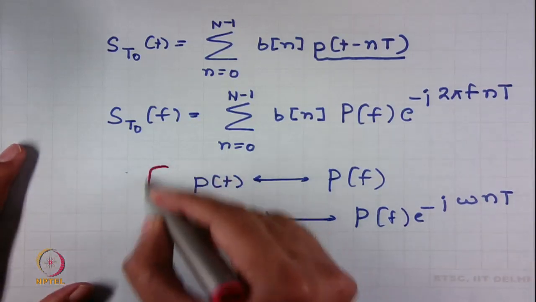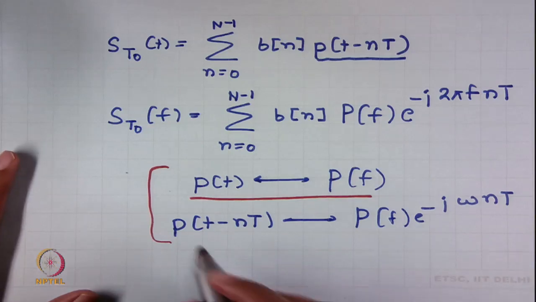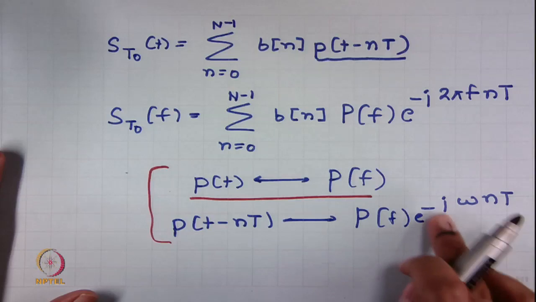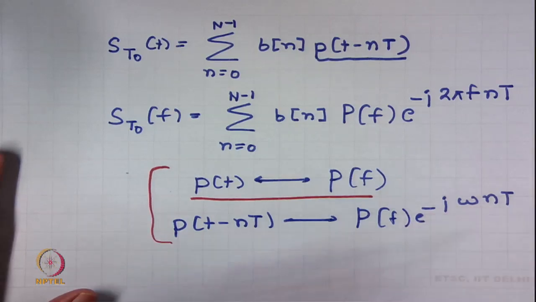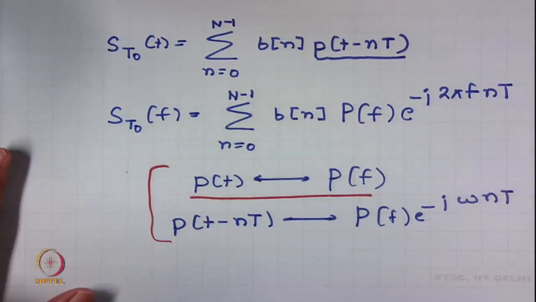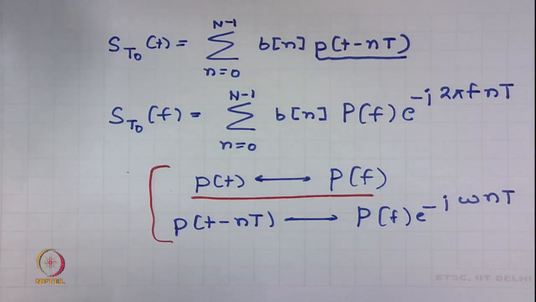So, if we assume that the Fourier transform of P of t is P of f, then the Fourier transform of P of t minus n T would be P of f times e to the power minus j omega n T. So, omega is 2 pi f. Using these properties of Fourier transform, we can quickly calculate the Fourier transform of this expression. It is simple. So, we have calculated the Fourier transform.